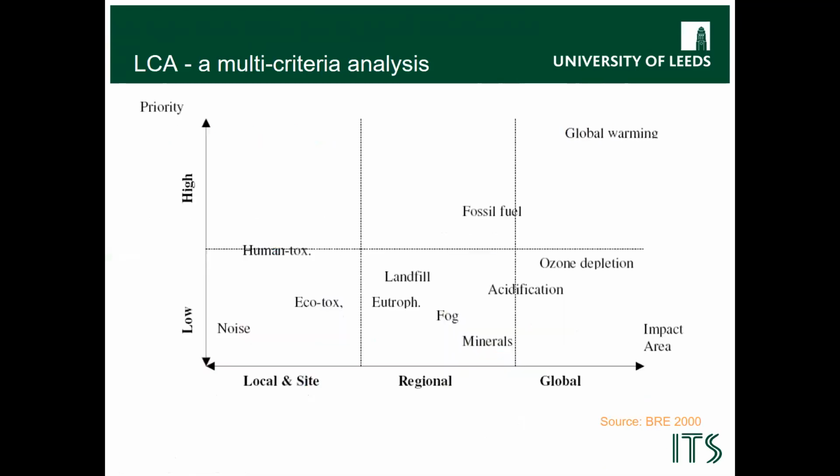The second point about LCA is it's a multi-criteria analysis. We may compare design A to design B, or product A to product B, and the inventory results may be different across the 12 or 13 impact categories.